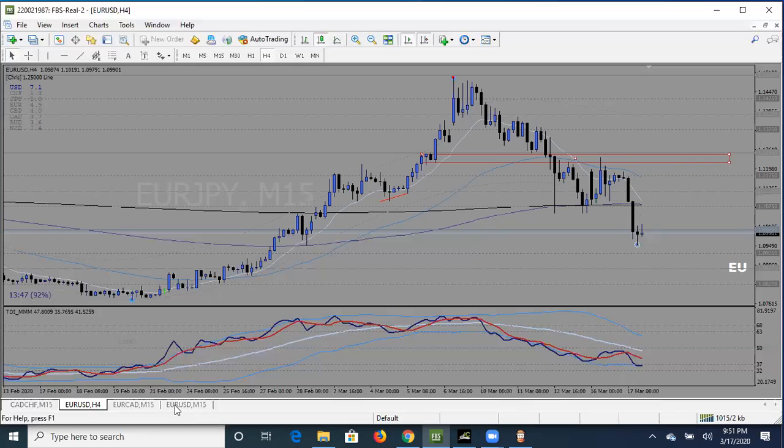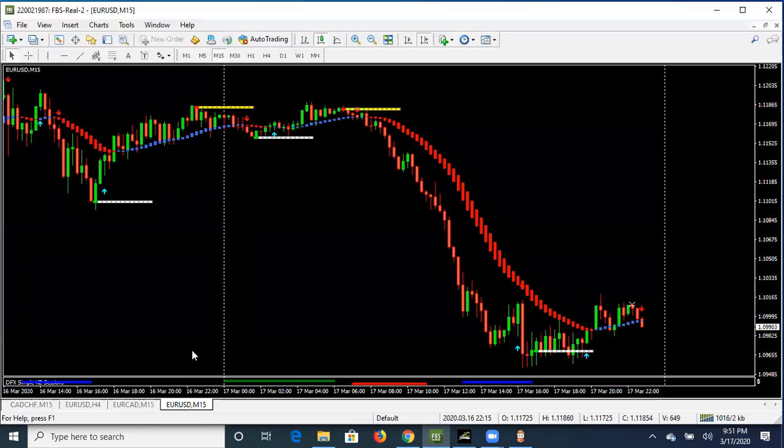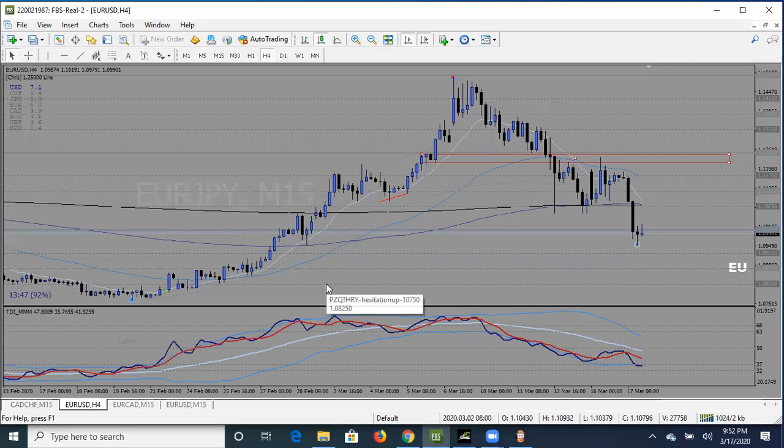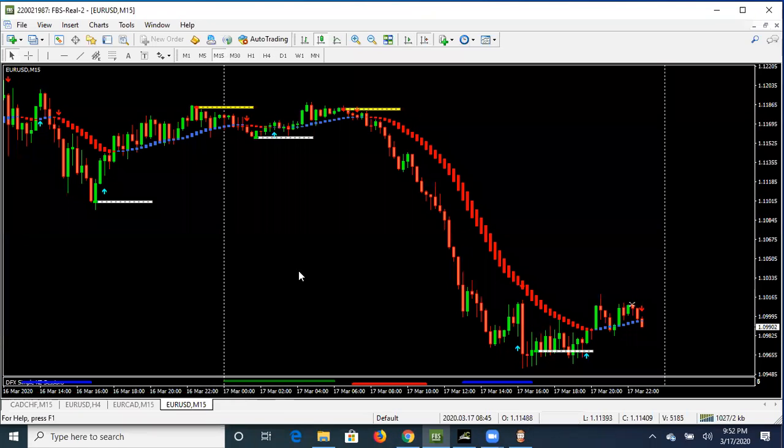Kill zones are certain times of the day when price would usually move the most. Now note, it doesn't mean that price moves the most all of the time, but price will usually move the most at about this time of the day. Now I'm going to be using this chart here for the sake of proper illustration, right?